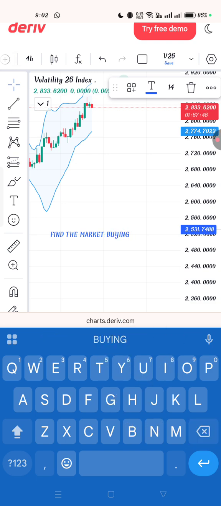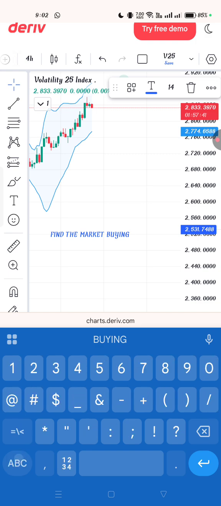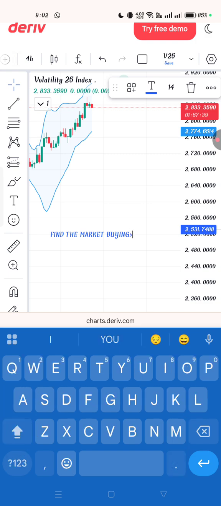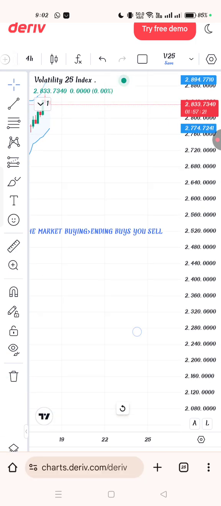When you find the market buying, you just have to follow up with that buy, track the buy until the buy comes to an end. After the ending of buys, you will sell. You will sell the price.